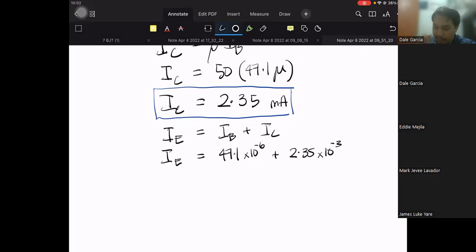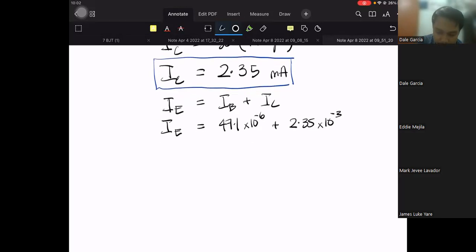Be careful, because you might add 2.35 plus 47.1 and get about 49.35. That would be wrong. So how much is IE? It should be approximately equal to IC, about 2 point something.